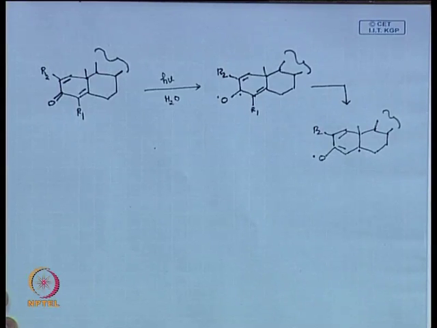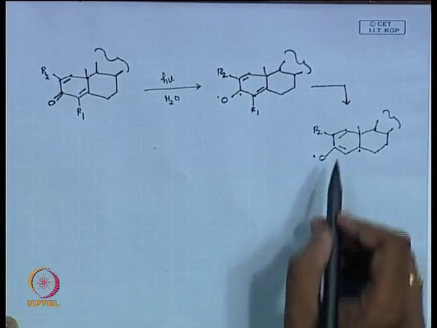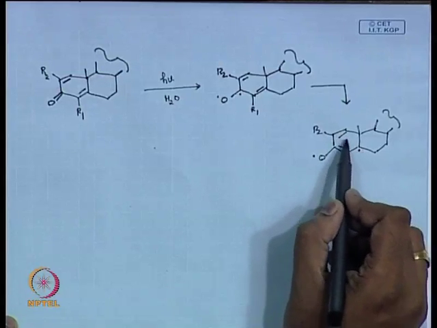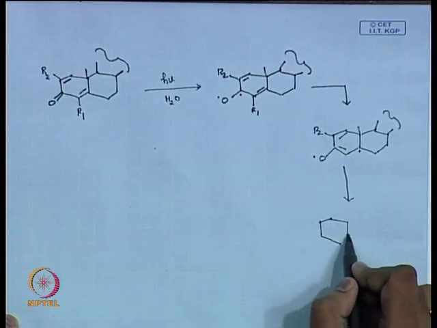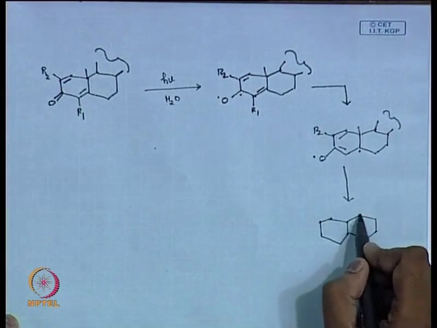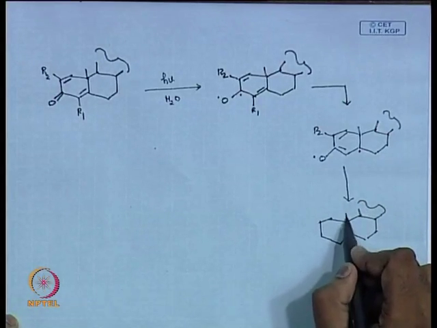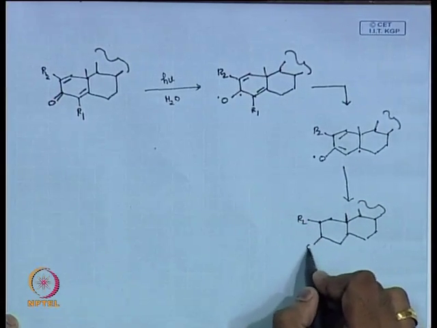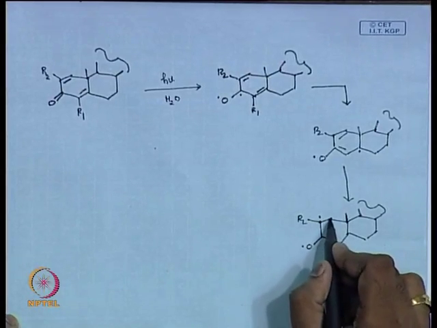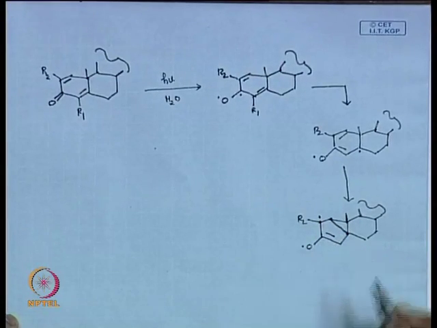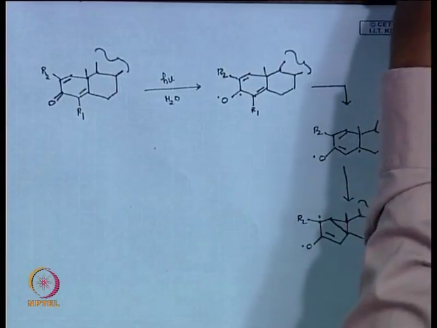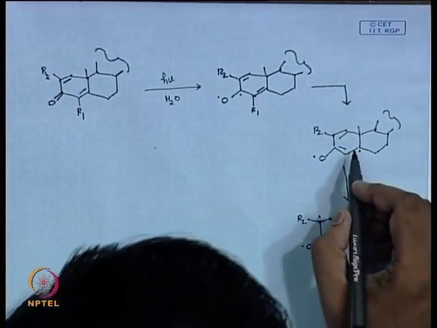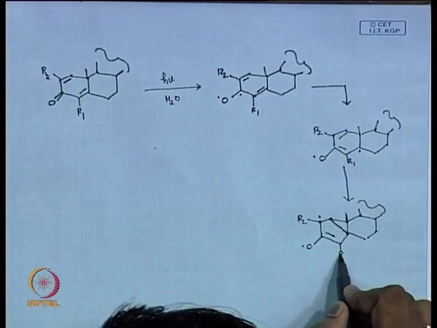Then what do you want to do? Then you can make a bond here, right? R2, you can have an O dot, then you have a dot, you can make a nice bond here. R1, previous case, yes, thanks. So, I get an R1.